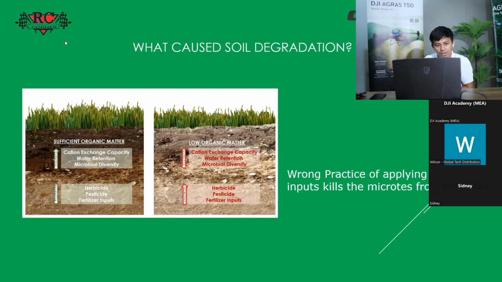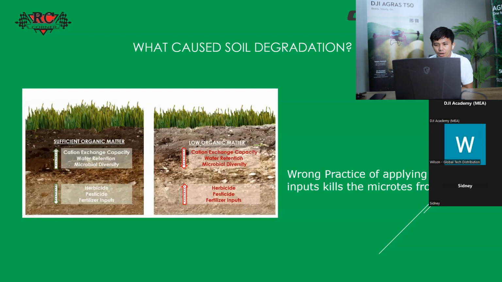In the long run, there are no microbes, and no one can decompose your fertilizer or whatever you apply. With no microbes to decompose, it will also damage our soil. As we see in the picture, there is sufficient organic matter and low organic matter. Even from the soil color, we can clearly understand.